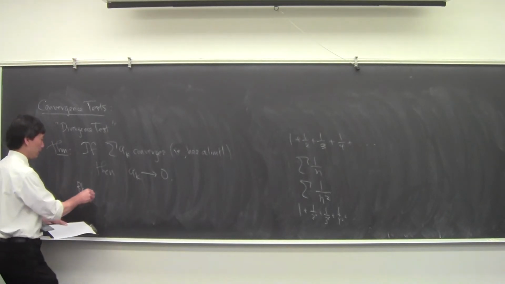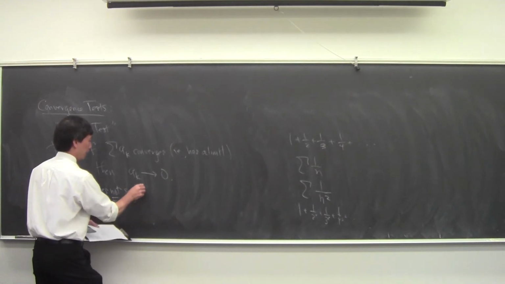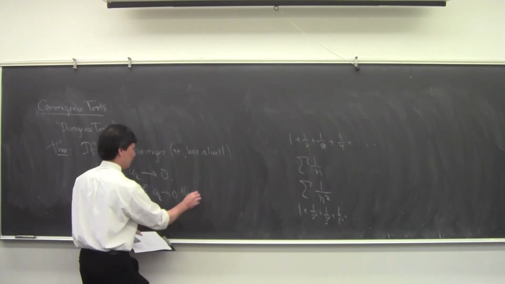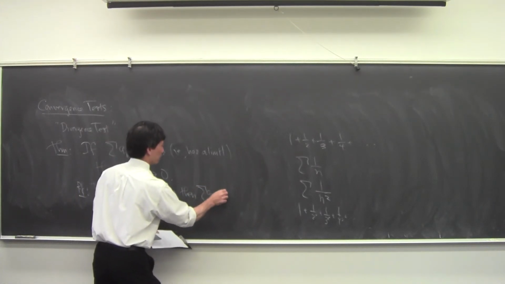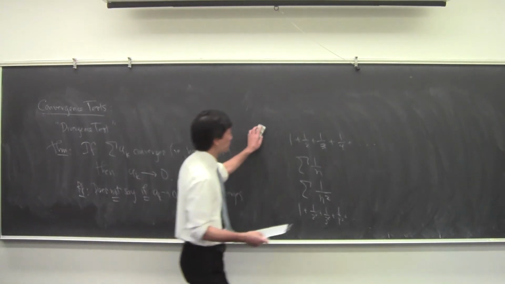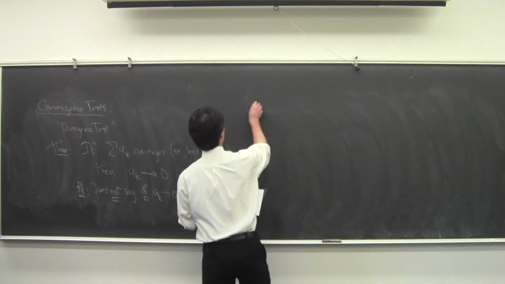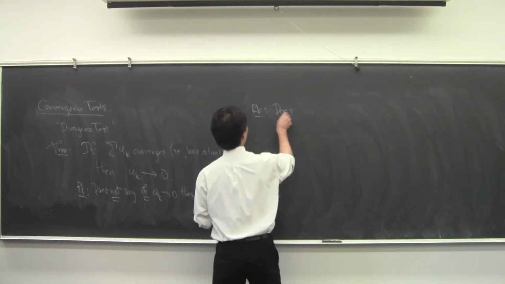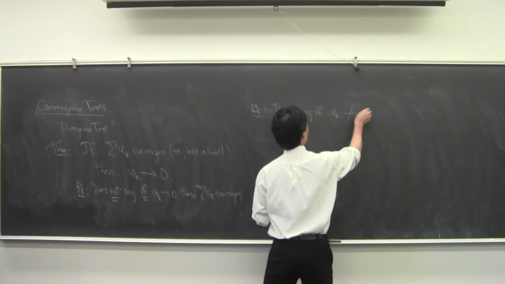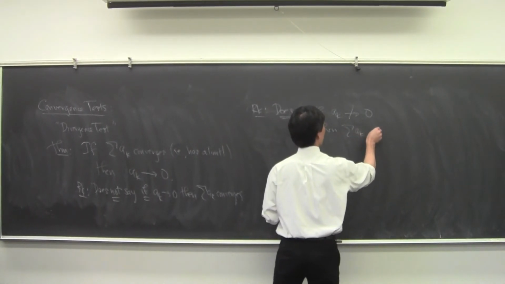So it does not say if the terms go to 0, then the sum converges. It does say if the terms don't go to 0, then the series diverges.